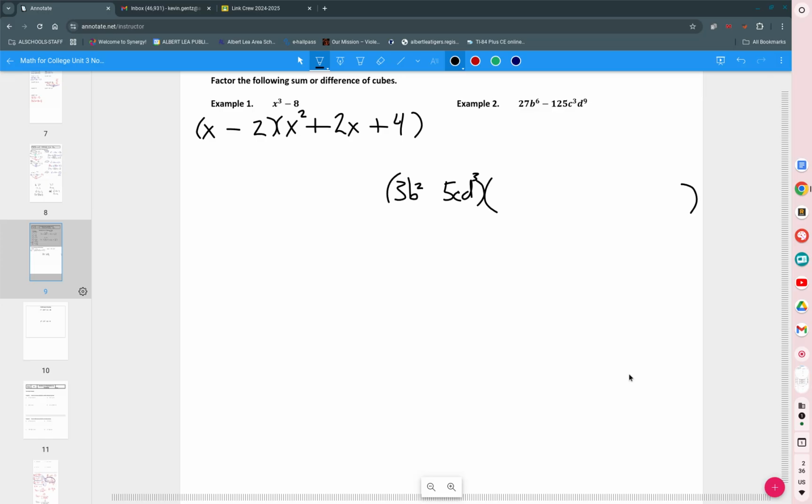So once I have those, I square the front. So 3b squared times 3b squared is 9b to the 4th. And then 5cd cubed times 5cd cubed is 25c squared d to the 6th.